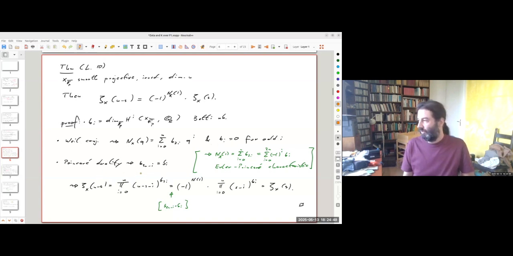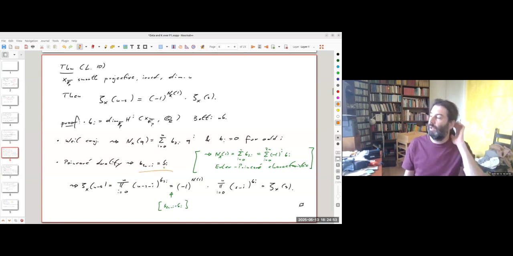And what I'm using, the other ingredient, is Poincaré duality, in this case for l-adic cohomology. And then I simply insert Soulé's product decomposition of the zeta function and the Poincaré duality, and there's an elementary computation that I didn't write out here.